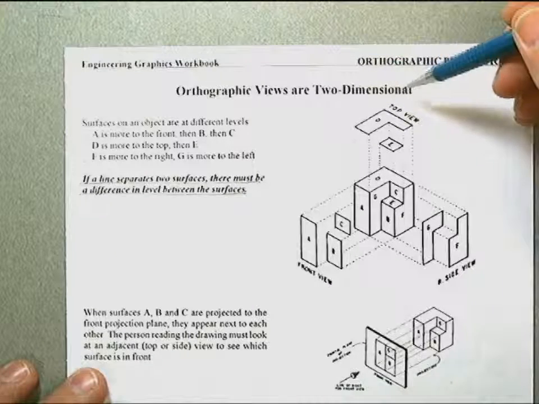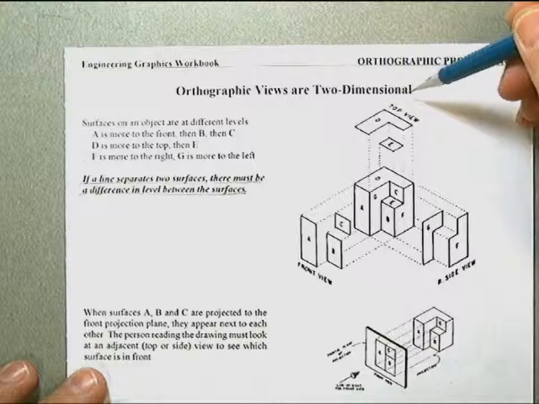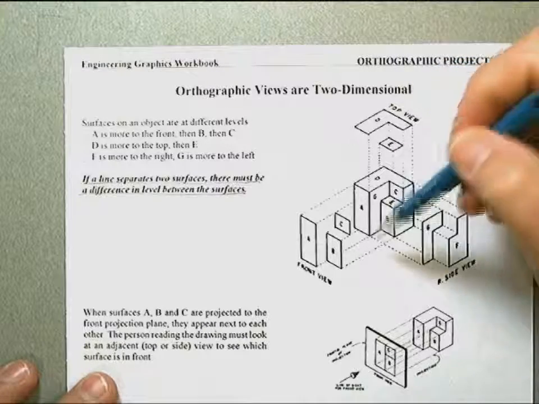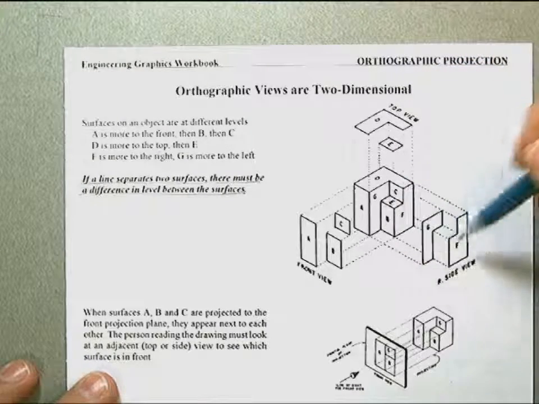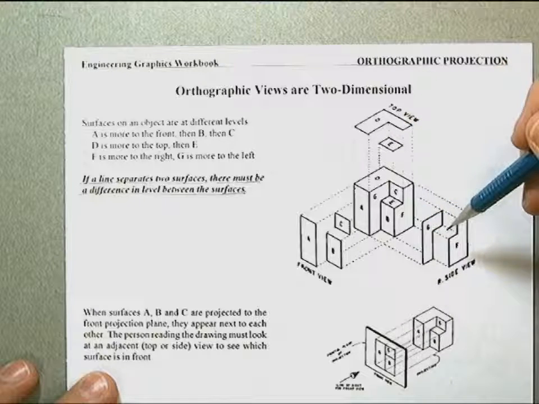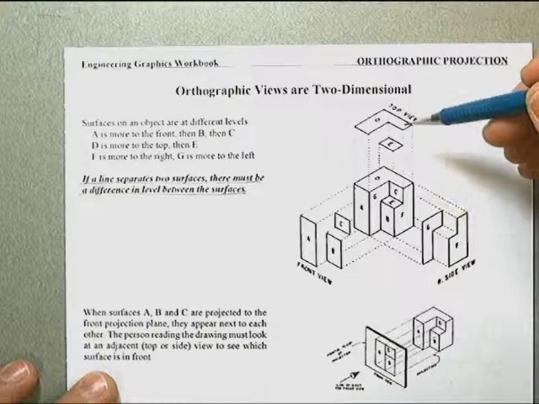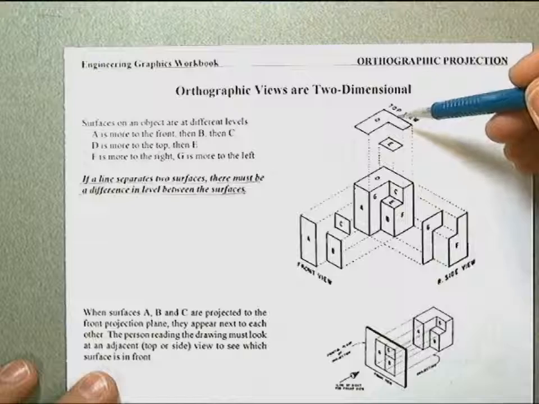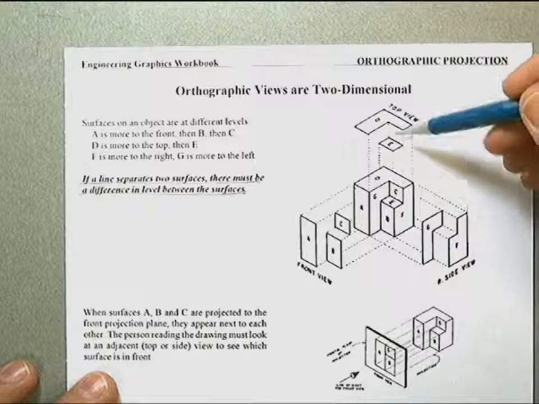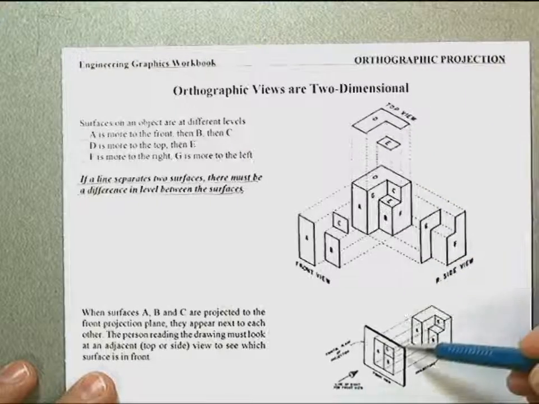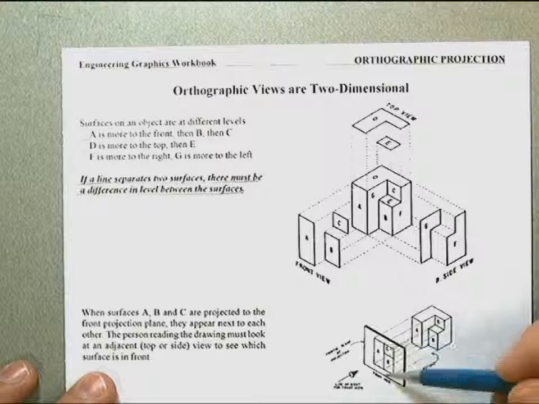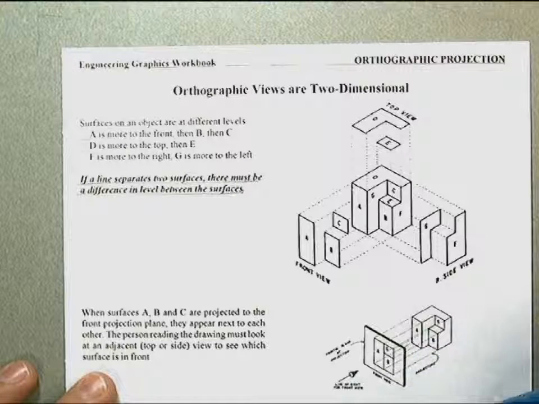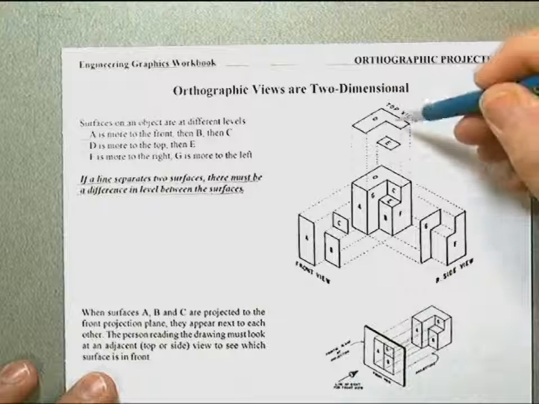Orthographic views are two-dimensional only. So let's step through this, and you have to begin to picture this in your mind. Surfaces, when we look at them, of course, that appear on our drawing, like you're going to see down here in this arrangement, this block that we've been working with, are at different levels.